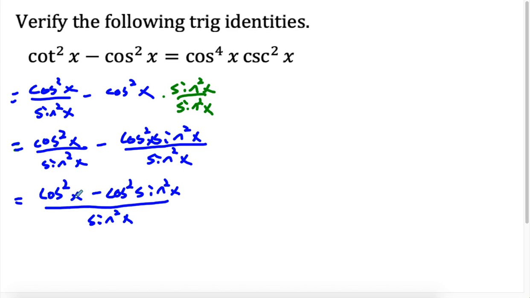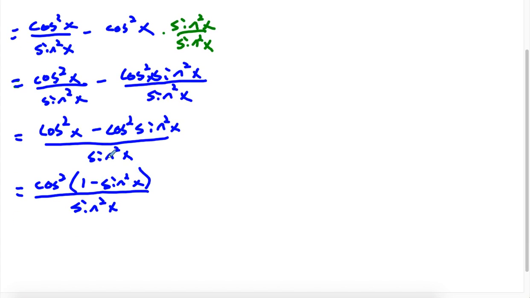And now, in my numerator, I can factor out a cosine squared. When I do that, I would have cosine squared times 1 minus sine squared. And now 1 minus sine squared is a manipulation of one of the Pythagorean identities. 1 minus sine squared just ends up being cosine squared.